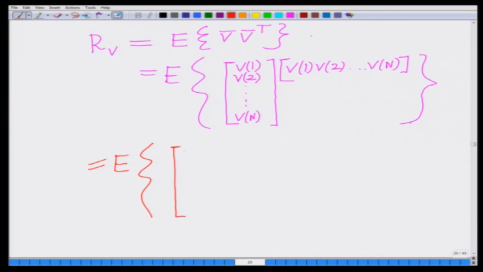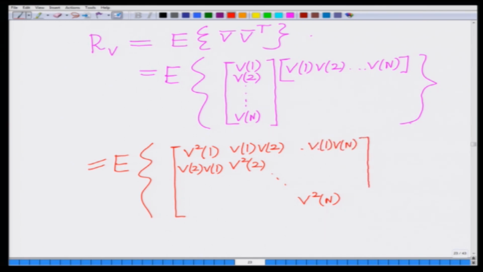If you look at the entries, on the diagonal you have the squares of the various elements, V1 square, V2 square, so on V square n. The off diagonal entries are the cross products, for instance V2 V1, V1 V2, and so on up to V1 Vn. This product here will be Vn V1 and so on.